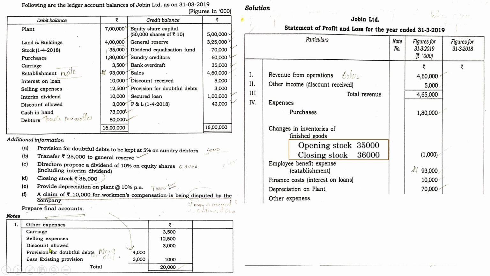So as per the concept, if there is a new provision given in the question, that is in the additional information, here you were asked to find the new provision. If there is a new provision and an old provision, you need to take the difference between the new provision and the old provision. Actually the format will be like this: if there are any bad debts during the year, you take the bad debts, plus if there are any further bad debts during the year, you add that amount to the bad debts amount.